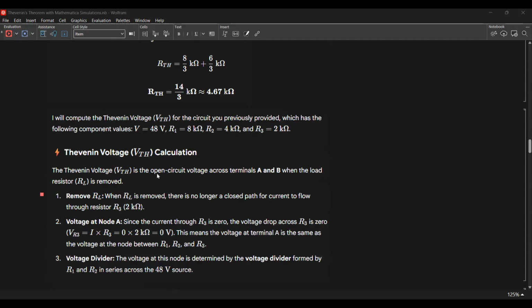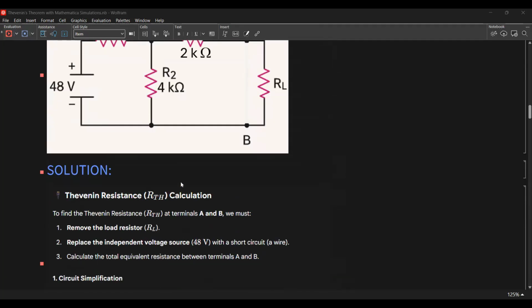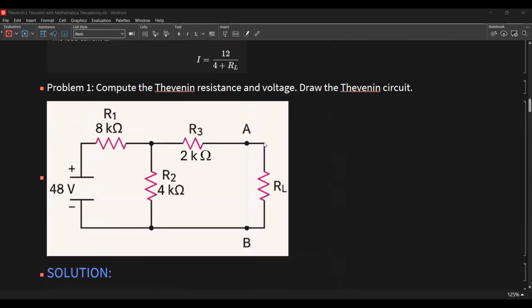Okay, for the Thevenin voltage calculation, the Thevenin voltage is the open circuit voltage across terminals A and B when the load resistor is removed. So we have the Thevenin voltage here between A and B when the RL here is removed.